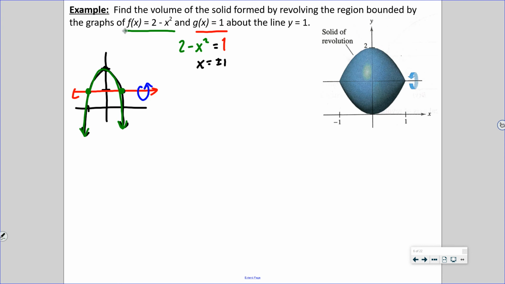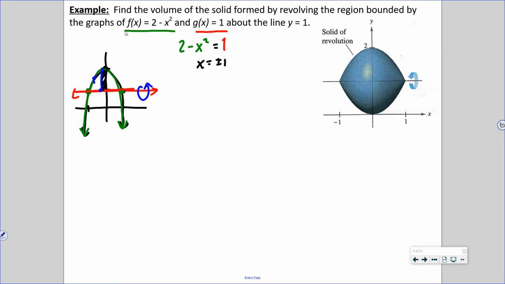So it's tucked up right against my axis of rotation. If I draw in my little slice here, and I picture rotating that about the line y = 1, you can see how this solid would be formed. Another disc. There's no holes, no gaps. Then I like to label the radius. So the radius would be this distance right here, because I pictured that rotating about the line y = 1.